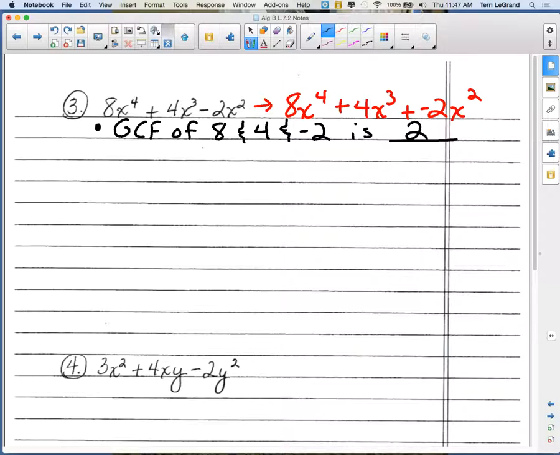Negative 2. GCF of, well, we have an x to the 4th, an x to the 3rd, and an x to the 2nd, our variable parts. What do you think that is?